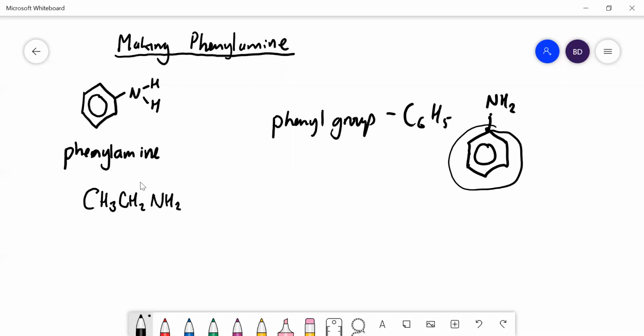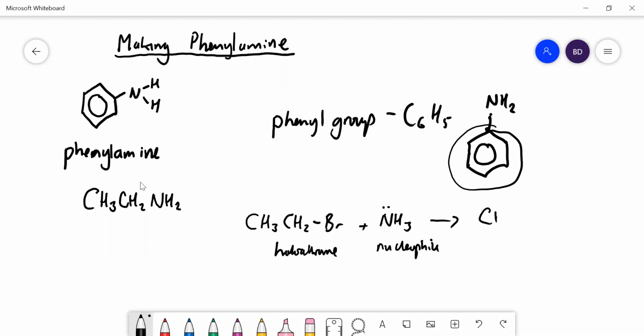The way we've done that, and you do it briefly in year 12 and in more detail in year 13, is you'd use a haloalkane and react it with ammonia, which is a nucleophile, and you get nucleophilic substitution: NH2, and you get Br minus and H plus. So that'd be nucleophilic substitution.